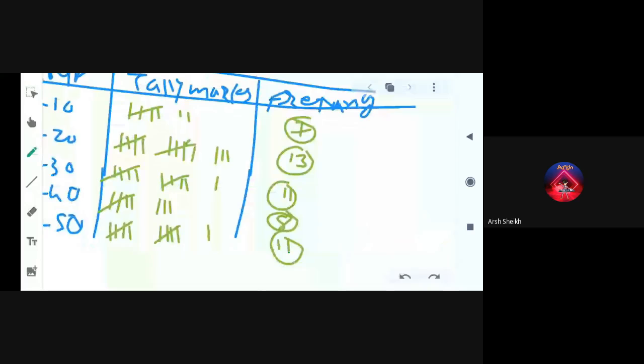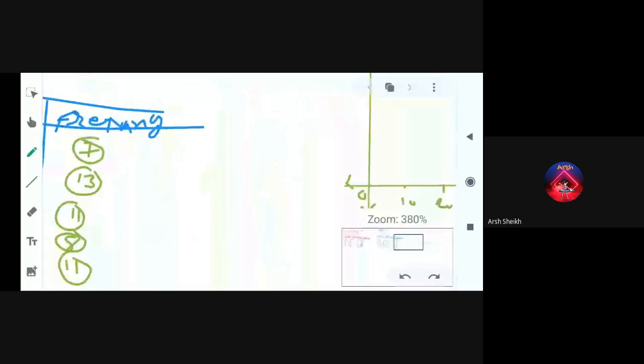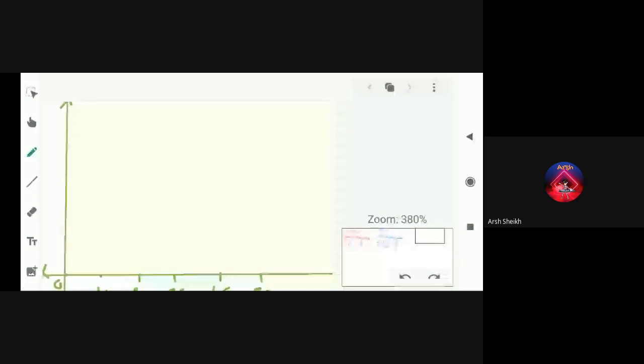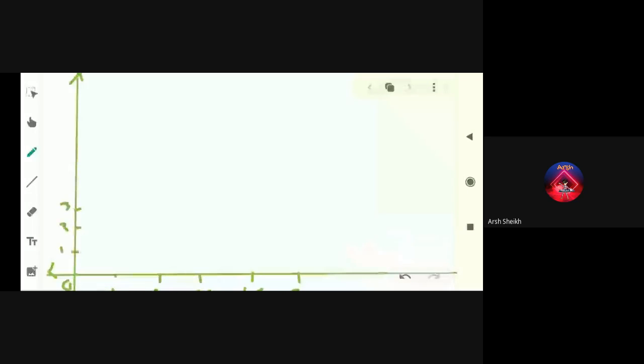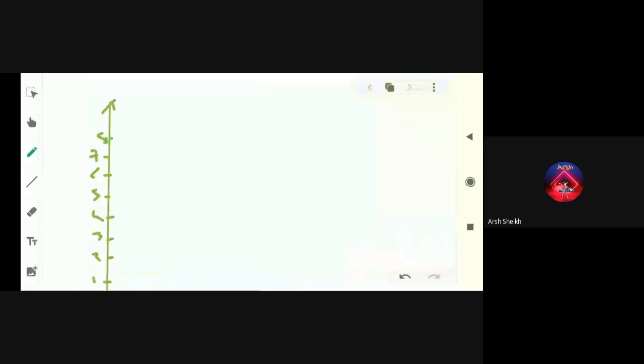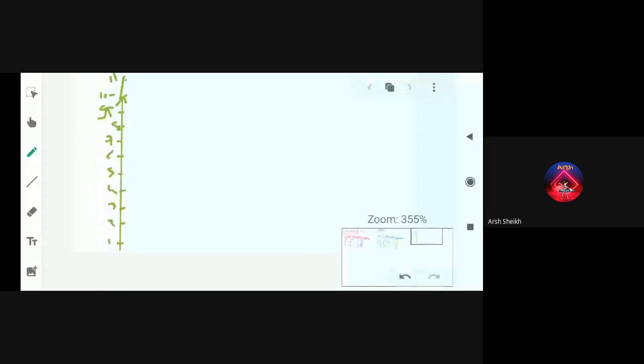So I am writing here only one frequency. For example, 1, 2, 3, 4, 5, 6, 7, 8, 9, then 10, 11, 12, and 13.